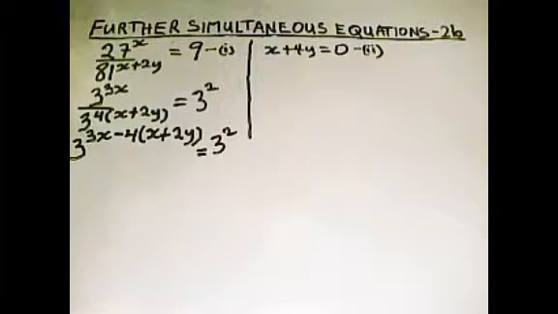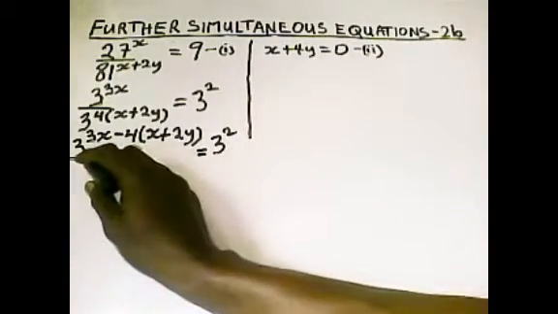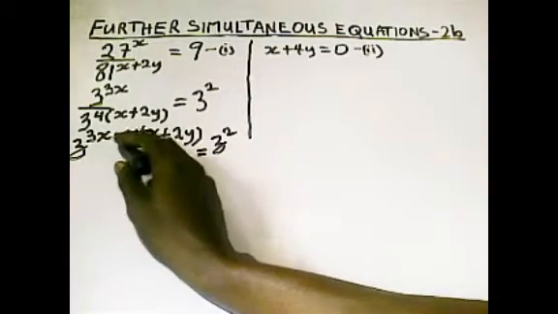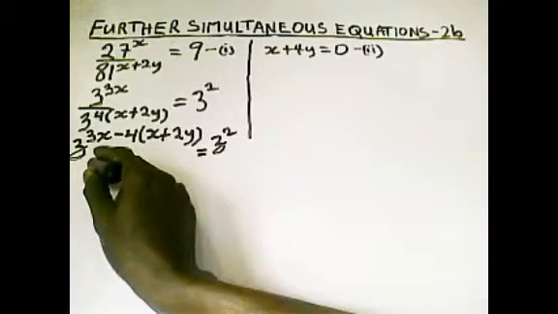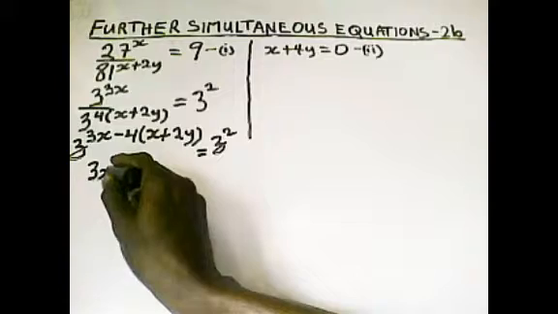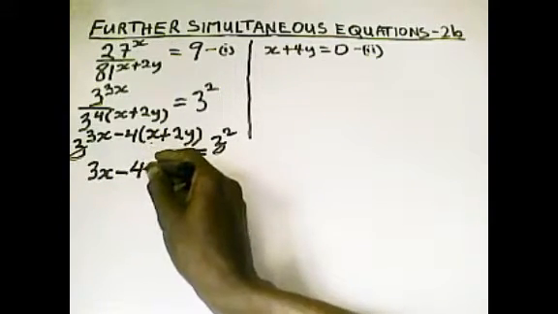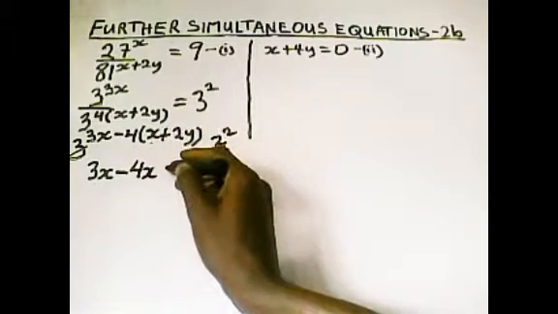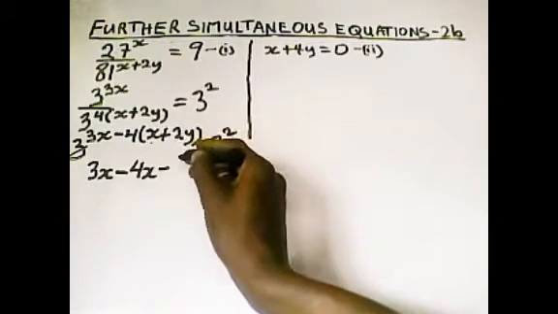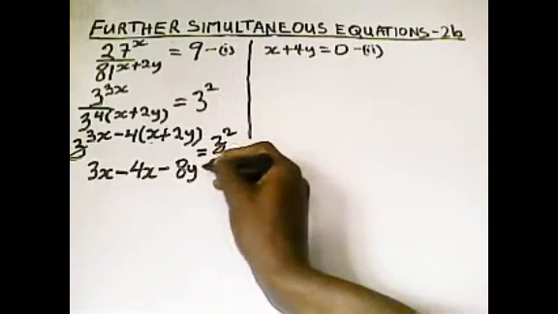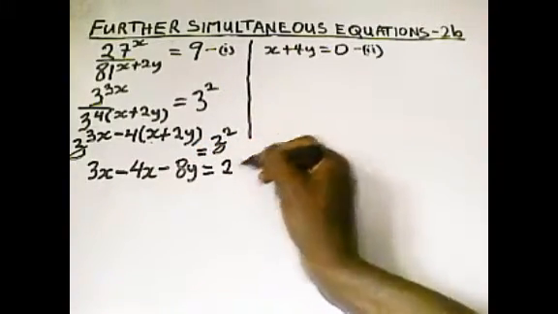I believe these steps are quite easy for you to follow. Then, since we have the same base to the left and to the right, we are going to cancel it out, and then open the bracket. So here we have 3x minus, now 4 times x will give us 4x, then minus times plus will give us minus, then 4 times 2y will give us 8y, and everything equals the power here, which is 2.